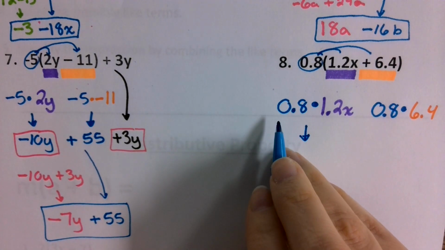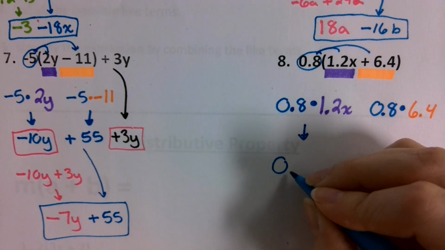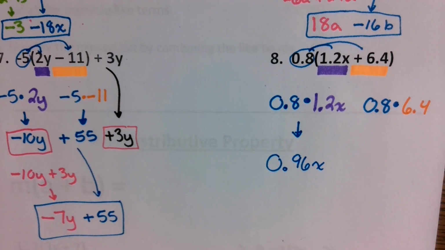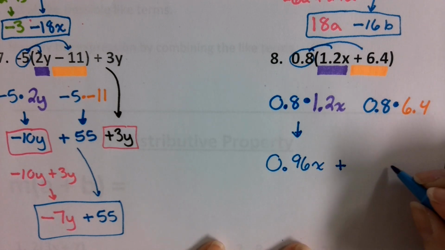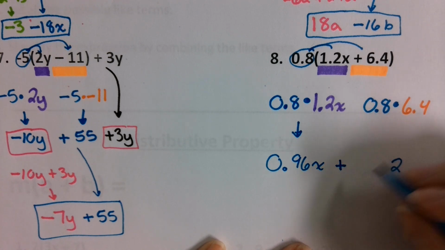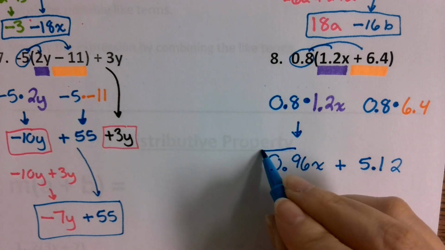Okay, when we do 0.8 times the 1.2x, that's going to come out to 0.96x. And then when we do a 0.8 times a 6.4, let me see, 32, 3, 48, it's 5.12. Okay, so we get 0.96x plus 5.12.